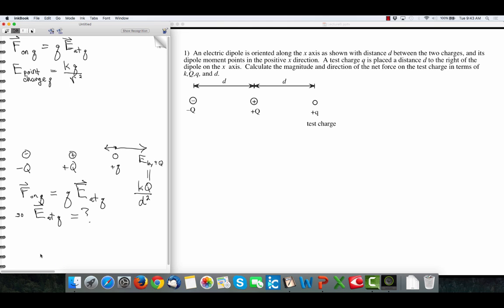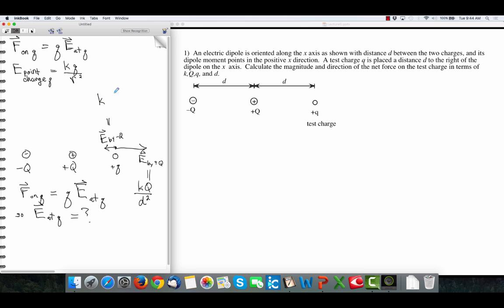So it points to the left, which means it's going to partially cancel the electric field due to the positive charge. How big is the electric field vector by negative Q over there at the right where the test charge is that can feel that electric field? And that points to the left. How big is it?